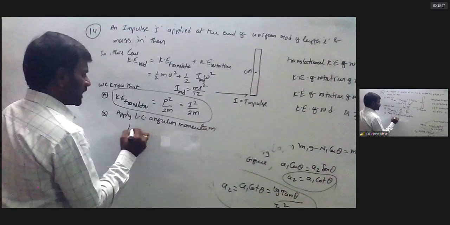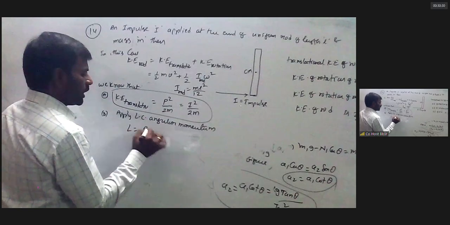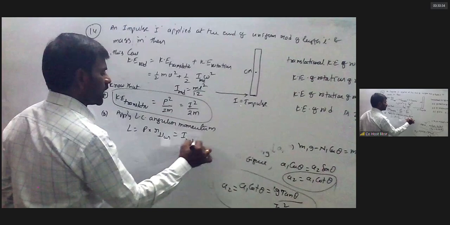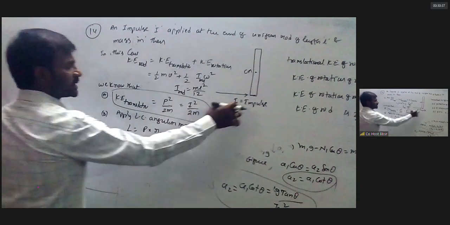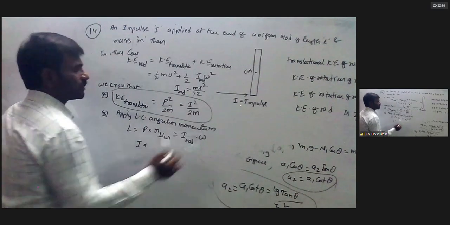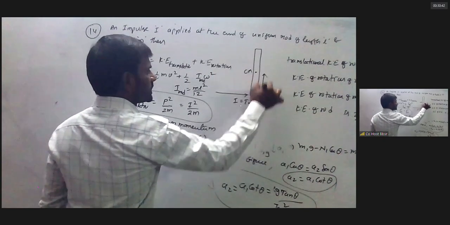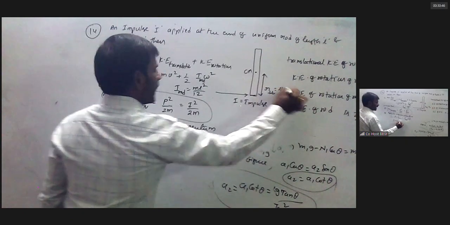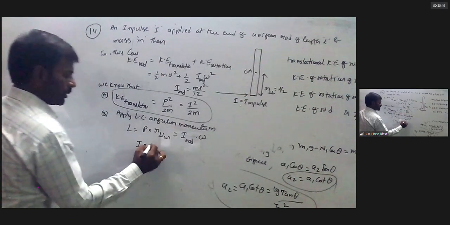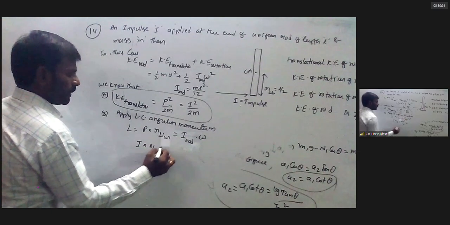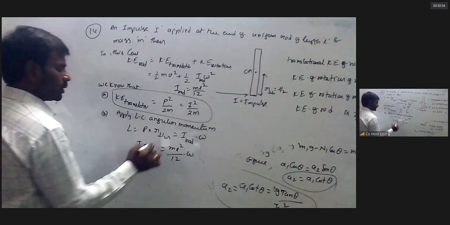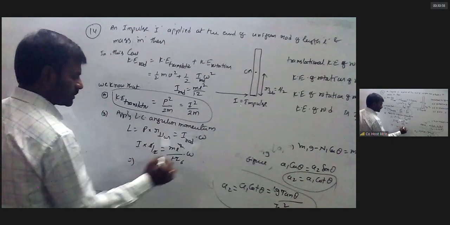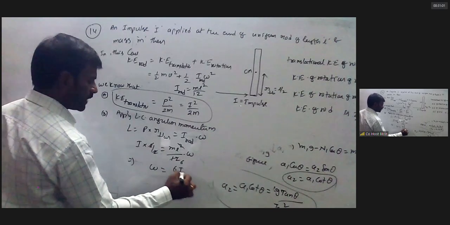L is equal to momentum into R perpendicular, equal to I of rod into omega. P means nothing but an impulse, I, into the perpendicular distance about the center, L by 2. L by 2 equal to I of rod, ML square by 12, into omega. So one L gets cancelled. Then what do I write? Omega equal to 6 times I by M into L.